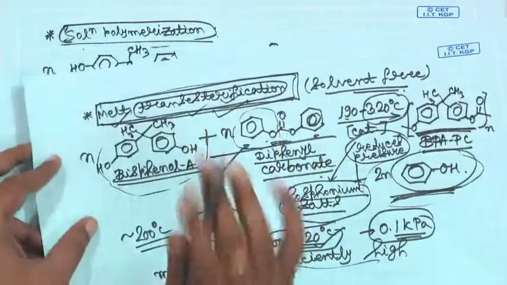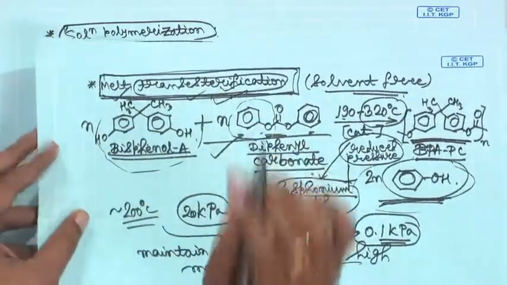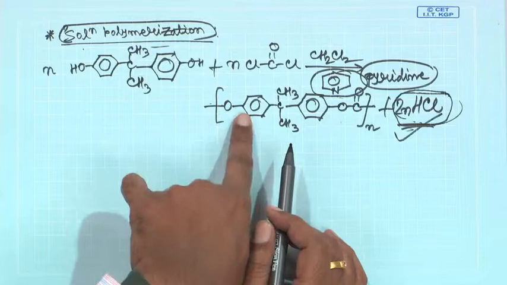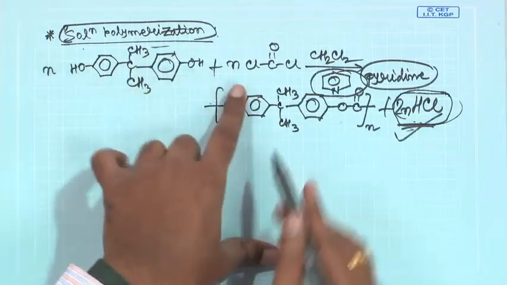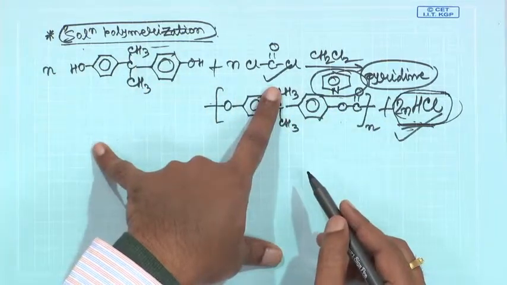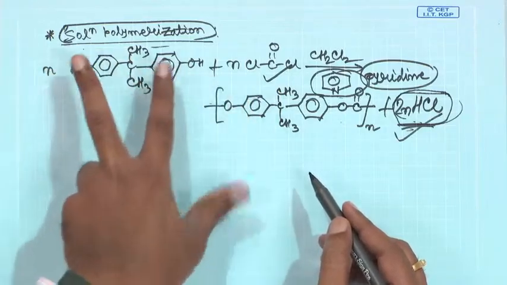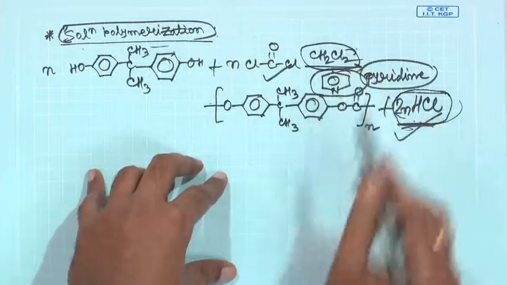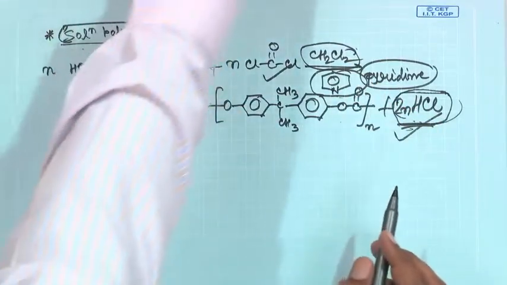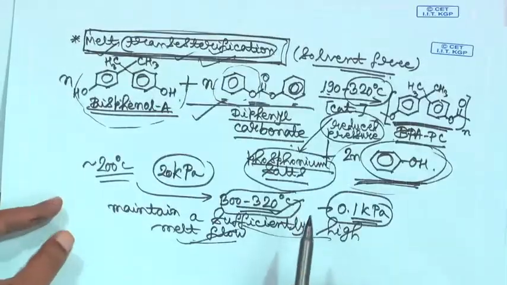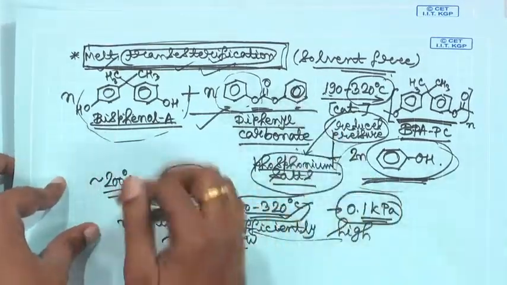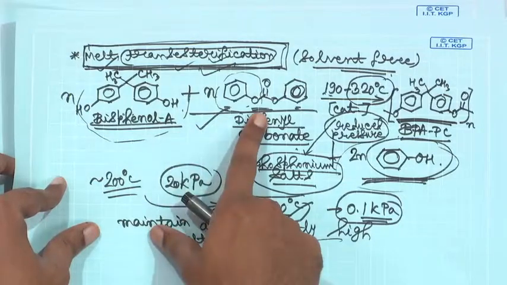So, basically we are going to compare melt transesterification with interfacial, because there is not much of difference between solution polycondensation and interfacial polycondensation. In both the cases you are using phosgene, and in one case you are using a sodium salt, in another case you are not using sodium salt, but you are using a halogenated solvent nevertheless. But the difference with the melt transesterification is more stark. As you can see, in melt transesterification you are not using phosgene.